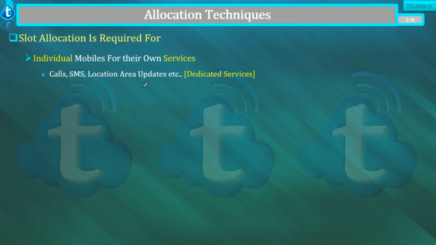For example, let us assume that this location area update message is 600 bits. So you require about 5 slots to send that message, because each slot can send 148 bits. If you divide 600 with 148, you require approximately 5 slots.